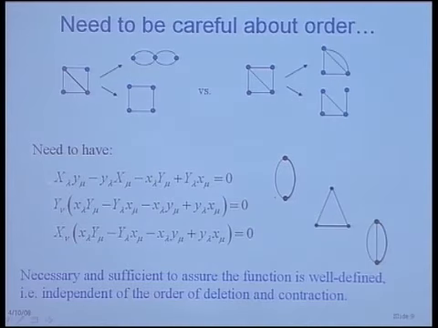And these simply come from putting a label of lambda on this edge, a label of mu on this edge, parameters big X sub lambda, big Y sub lambda, little x sub lambda, little y sub lambda on this edge, and doing the deletion contraction in both ways and saying those have to be the same.